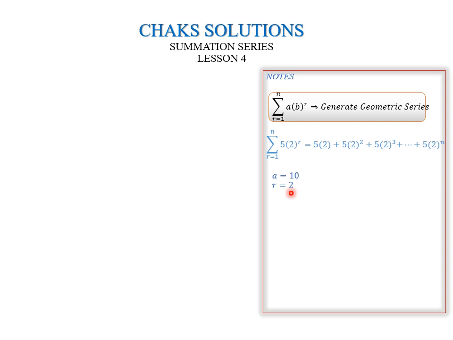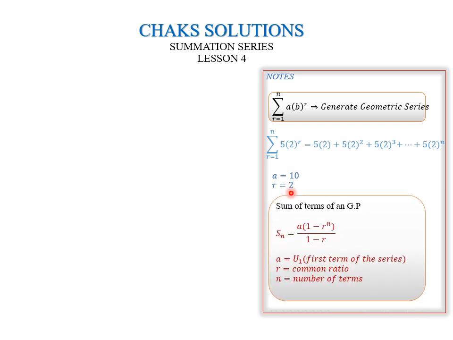So we can find the sum of terms of a geometric series by using this formula. The sum of n is equal to a, open brackets, 1 minus r to the power n, over 1 minus r. a is your first term, r is the common ratio, and n is the number of terms. Right, so let's go to the example.